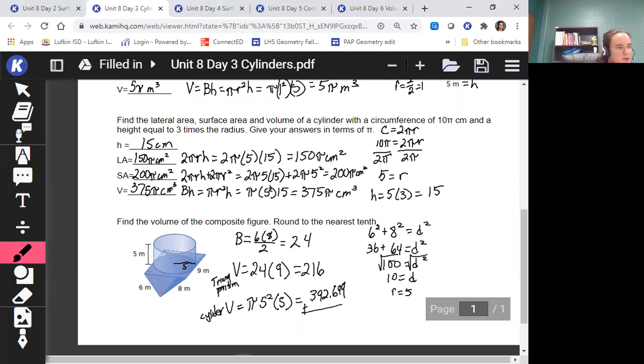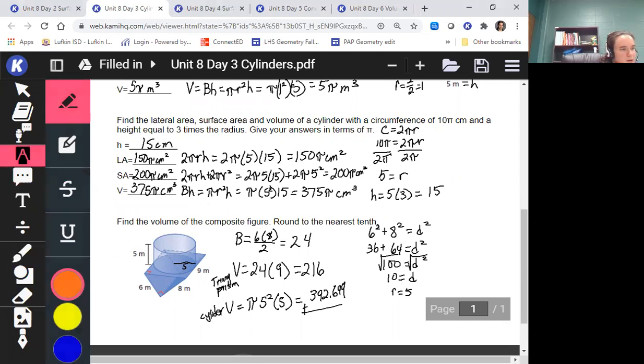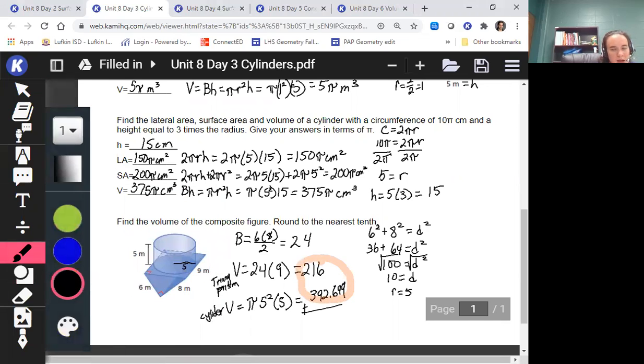And then we're going to add those together. So adding the 216 and the 392.699 together. And that gets us 608.7, since we're rounding to the nearest tenth, meters cubed.